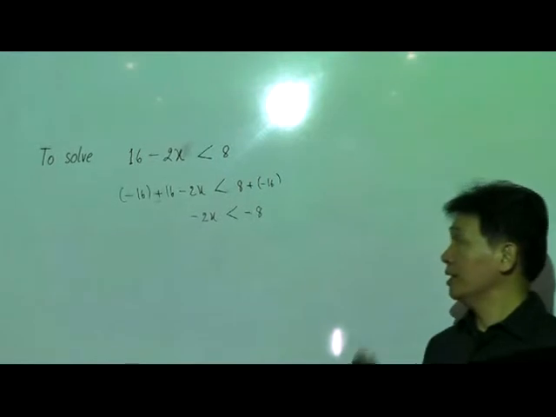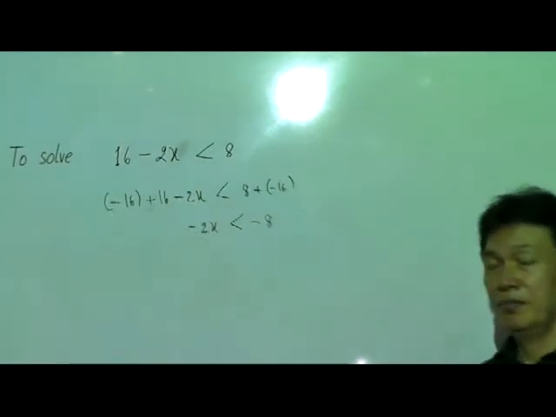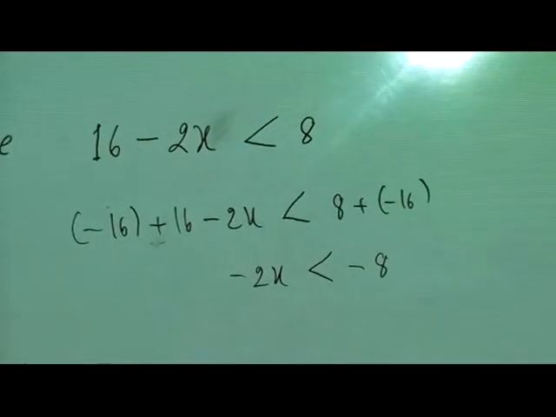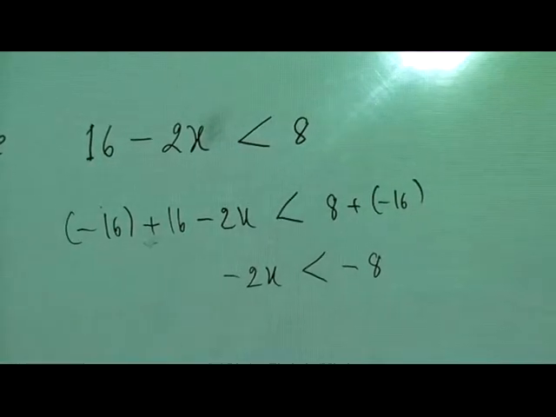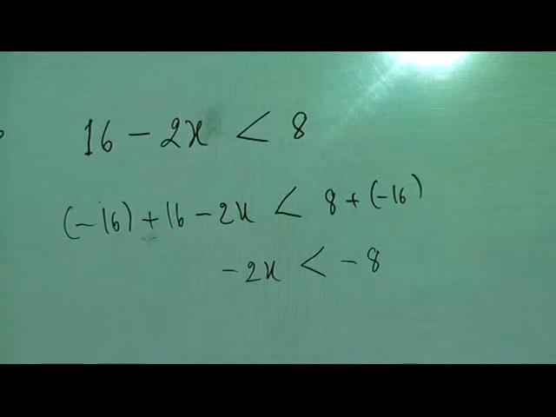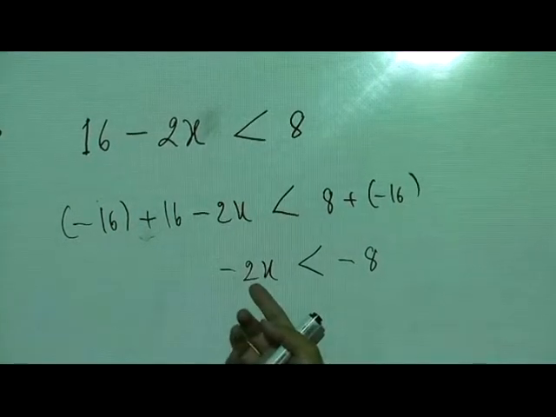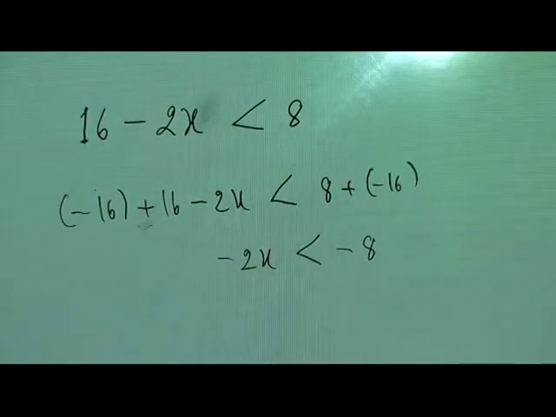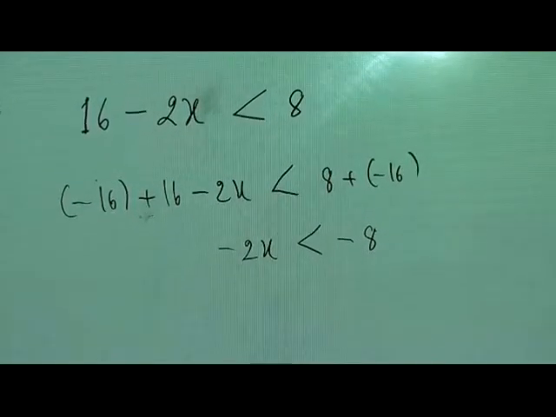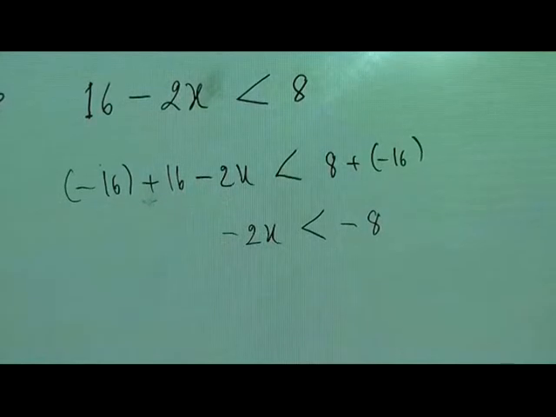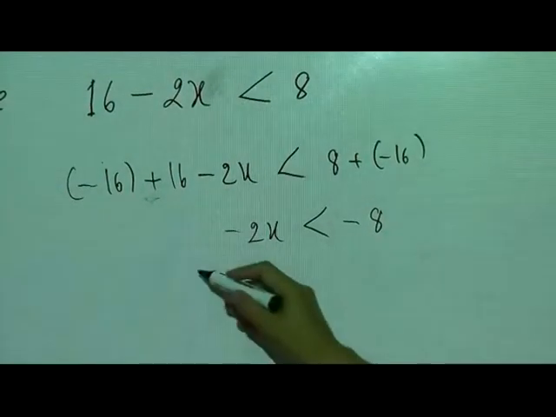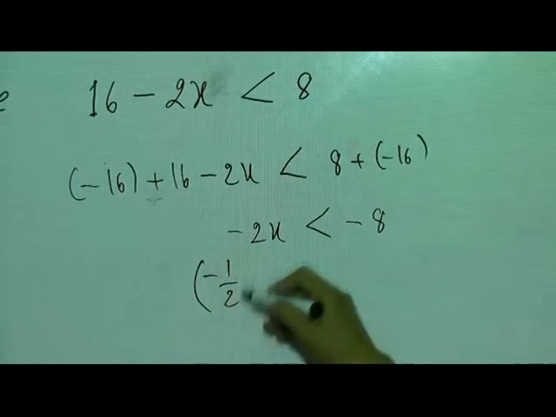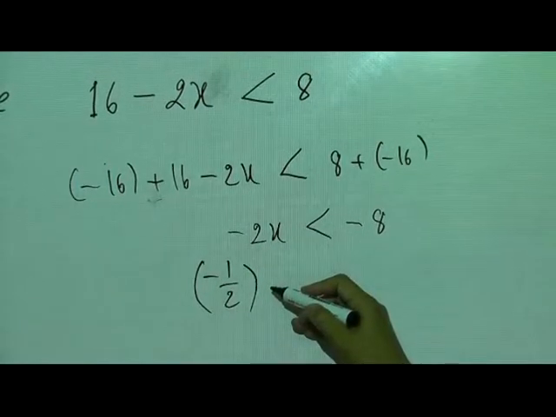How can we find x only? Usually when you want to find x from an equation or inequality, we try to change the coefficient to 1. How can we change negative 2 to 1? We multiply by negative 1 over 2 on both sides of this inequality.